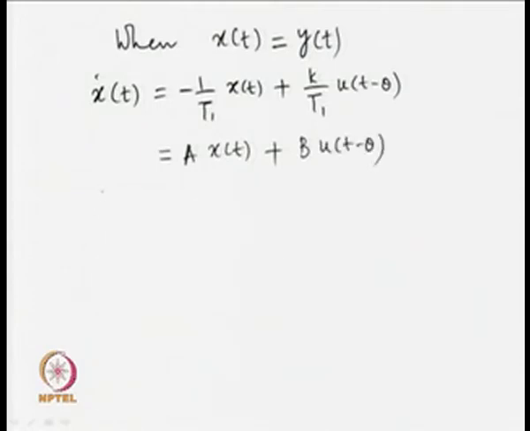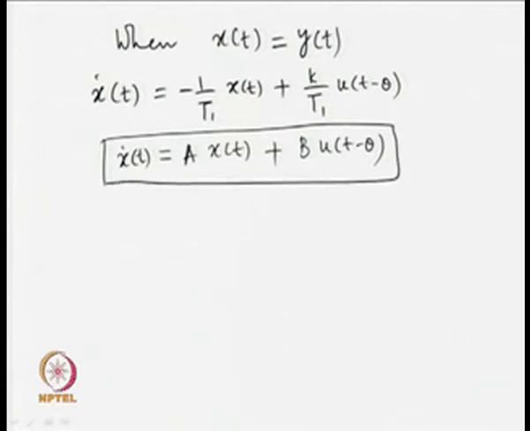So, it is giving us the standard dynamic equation of the form ẋ(t) = a x(t) + b u(t−θ), where a equal to −1/T1 and b equal to k/T1.